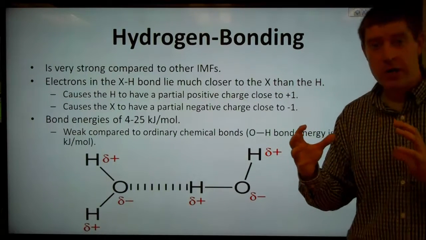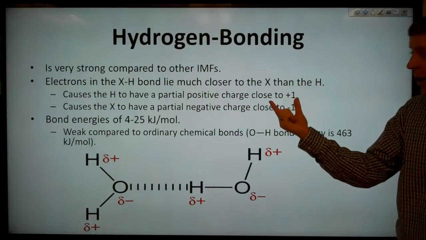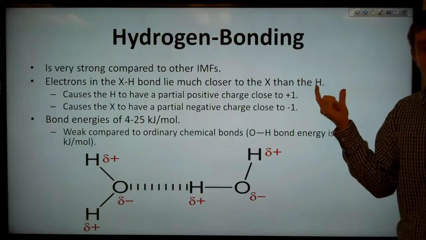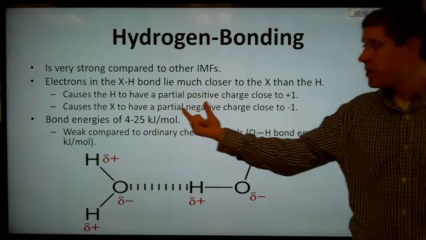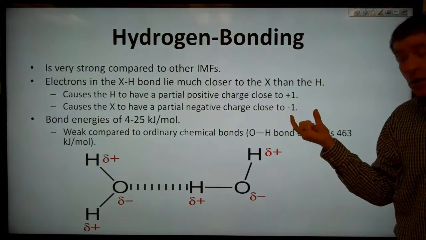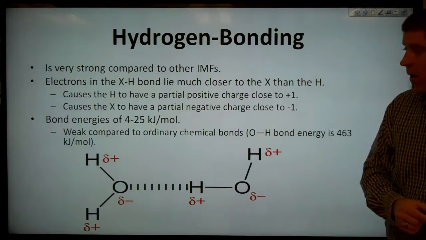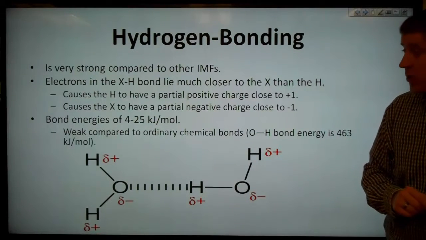It's basically almost an ionic bond. And this means that the hydrogen has a partial positive charge that's very close to +1, and our X atom, our electronegative atom, has a negative charge that's very close to -1. And so bond energies are between 4 and 25 kilojoules per mole.